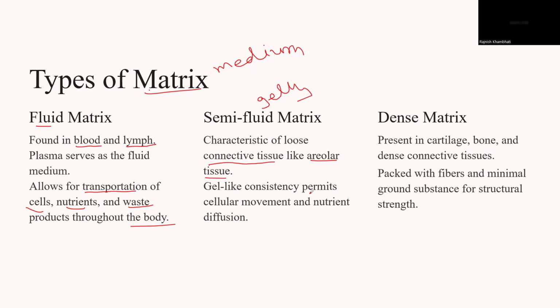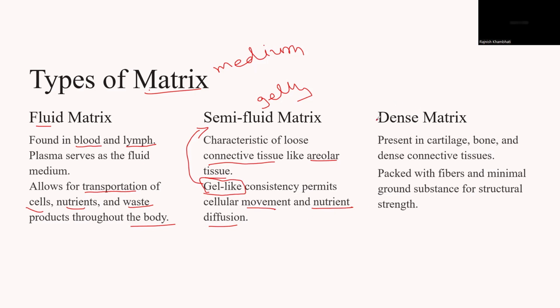It has a gel-like consistency, and that is why it is called semi-fluid. It permits cellular movement and nutrient diffusion, because movement of cells and nutrients is possible.